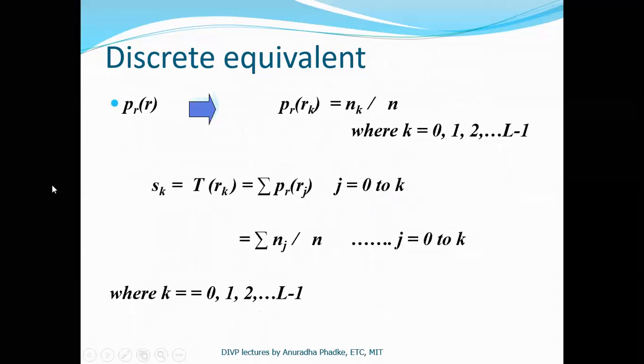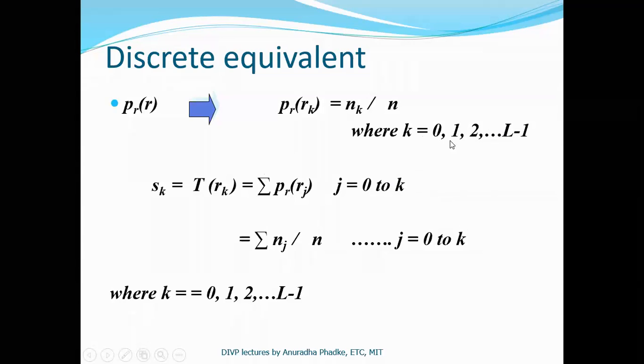So the same equation in discrete form we can write as shown here. S_k, that is the modified gray value, is given by T of R_k, and now the integration is replaced by summation of P_R(R_j), where j runs from 0 to k, and k can take any value between 0 to L minus 1.